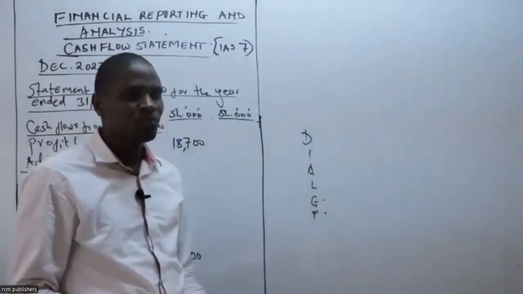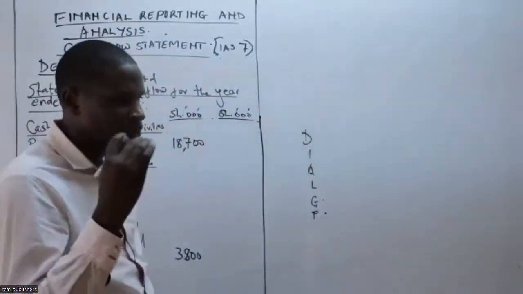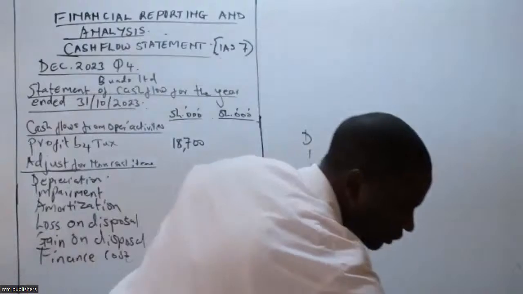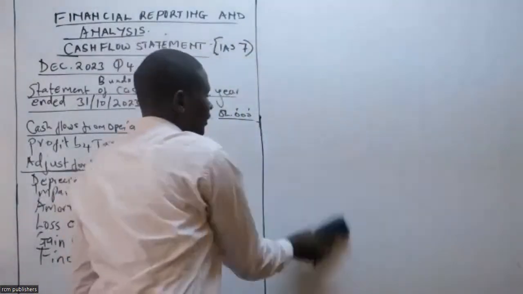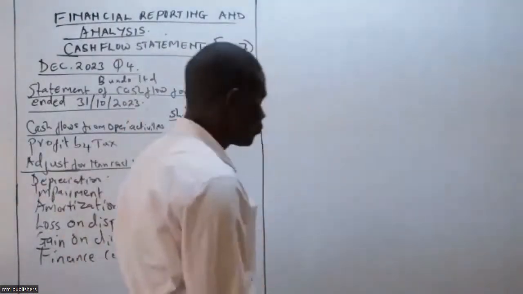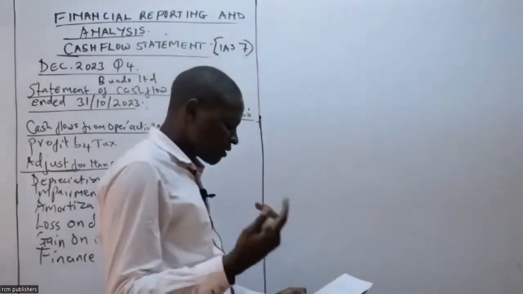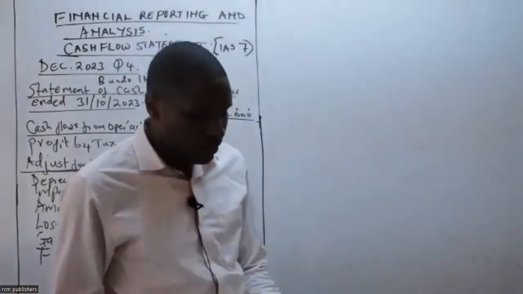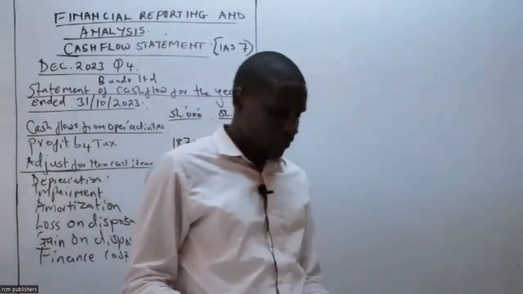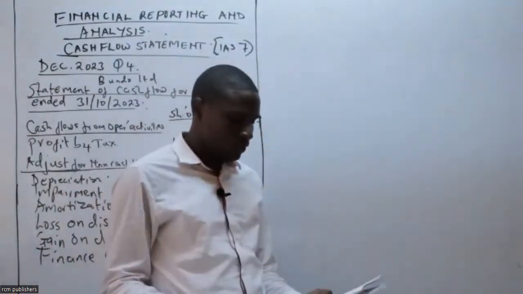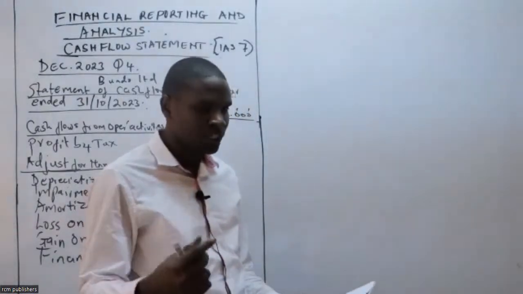The depreciation. Class, I want you to get this very clear and have it. It will be useful as far as financial reporting is concerned. The property, plant, and equipment was made up as follows. We can see cost or valuation, and we have accumulated depreciation.